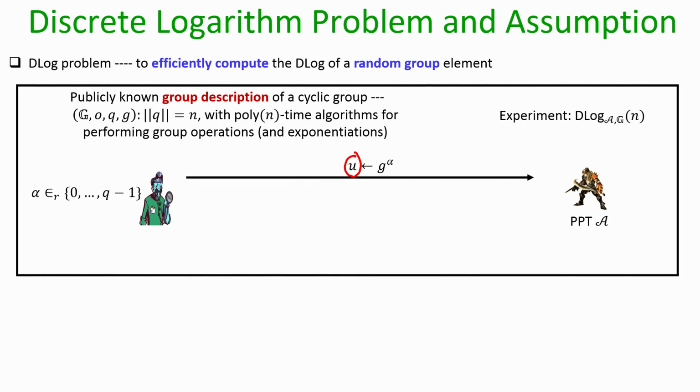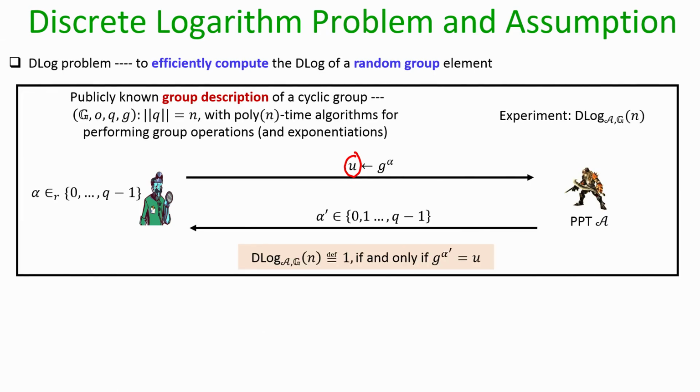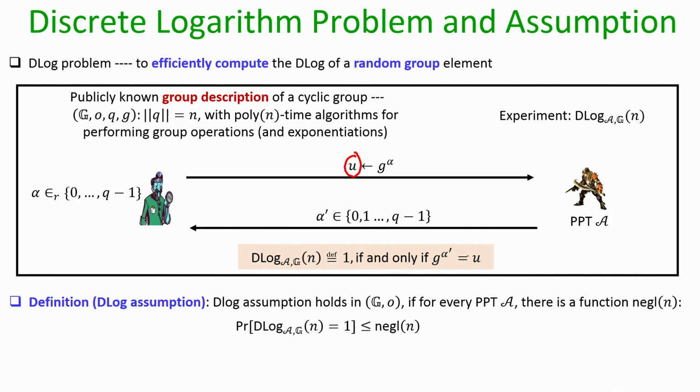Now the challenge for the adversary is to find out the discrete log of u, namely the value alpha. So, it has to output a value alpha dash in the range 0 to q minus 1, and the rules of the experiment say that the adversary has won the experiment, or the output of the experiment is 1, if and only if the alpha dash which the adversary has submitted indeed is a discrete log of u, namely if g to the power alpha dash equals u holds.